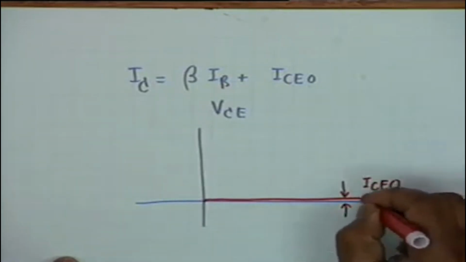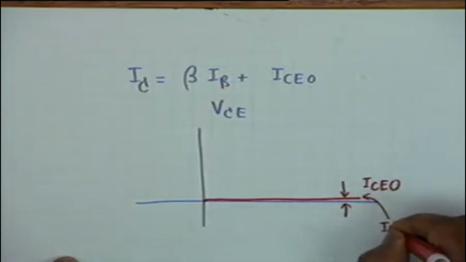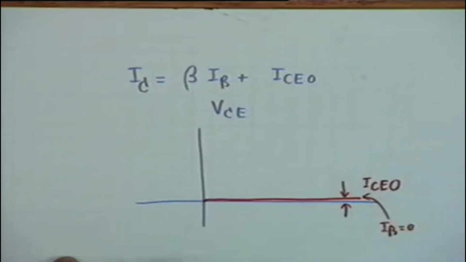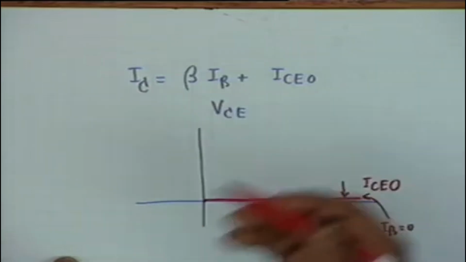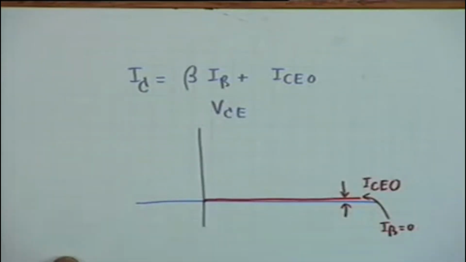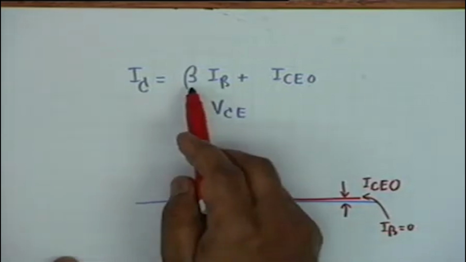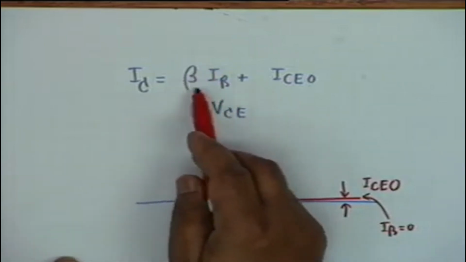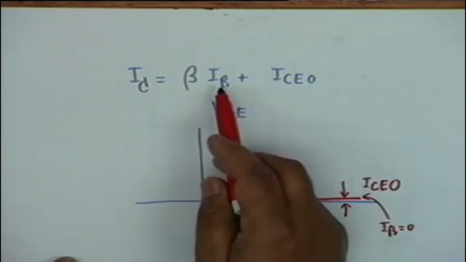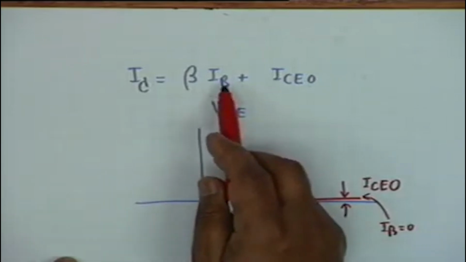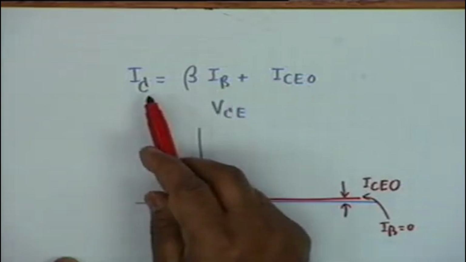Now when IB increases to a non-zero value, naturally the collector current increases by the amount beta IB. So equal increments of IB shall cause equal increments of I sub C.